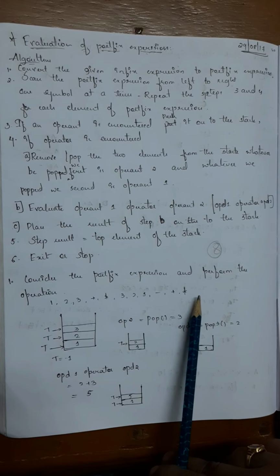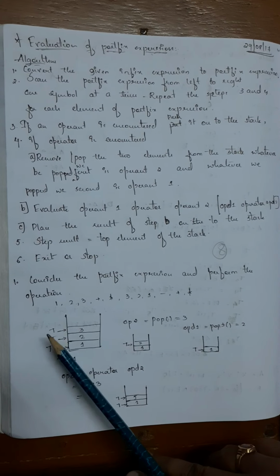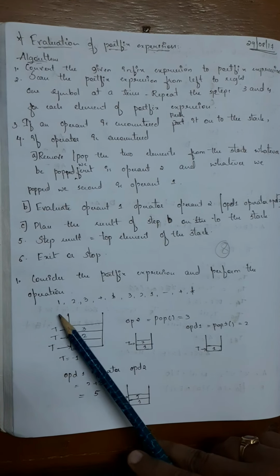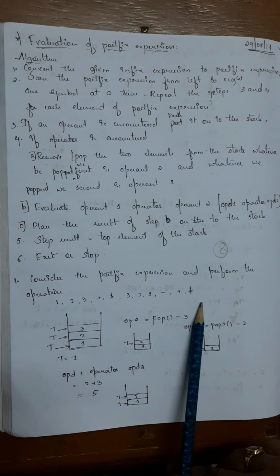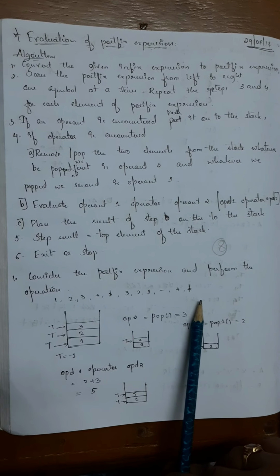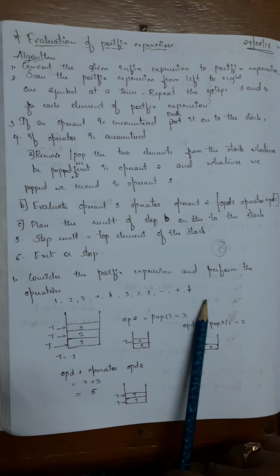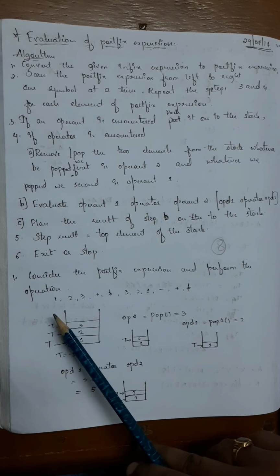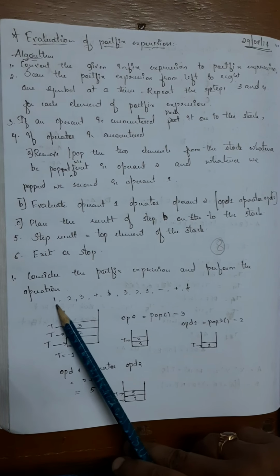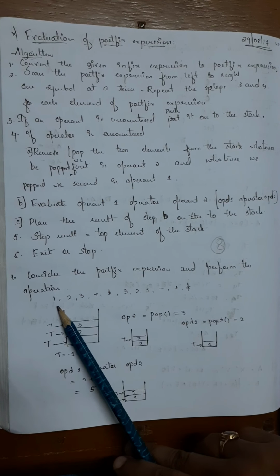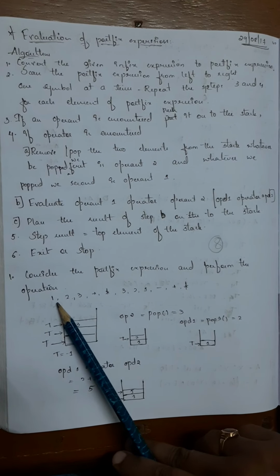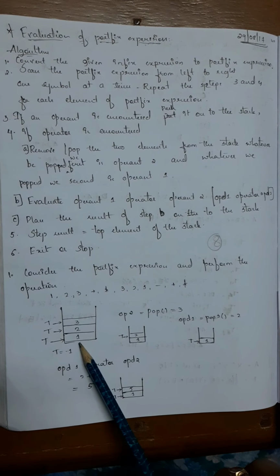Now step 2 says you have to read the symbols in the postfix expression from left to right, one symbol at a time, and for each symbol perform steps 3 and 4. Step 3 says if the symbol we read is an operand, we have to push it onto the stack.